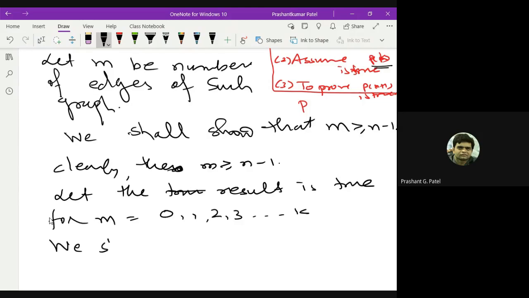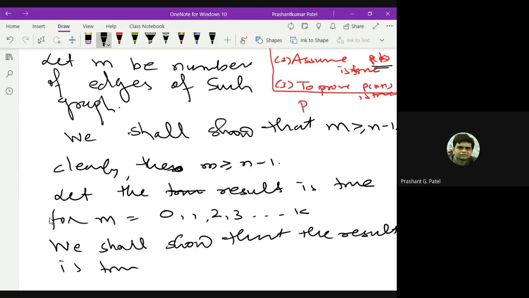Now we shall show that the result is true for m equal to k plus 1.